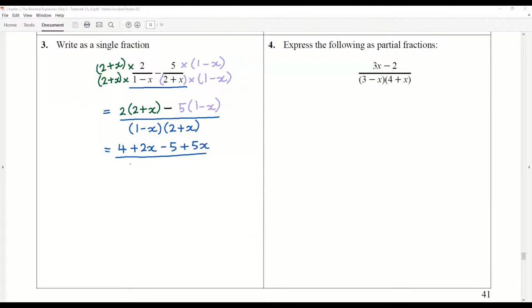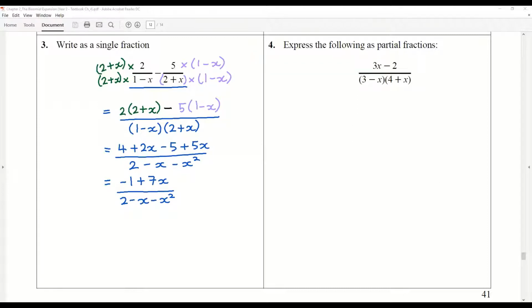So that's going to be 2 plus x minus 2x, so subtract x squared. And then a bit more collecting like terms. So we're going to have a negative 1, add 7x over 2 subtract x squared. And there we have our single fraction.